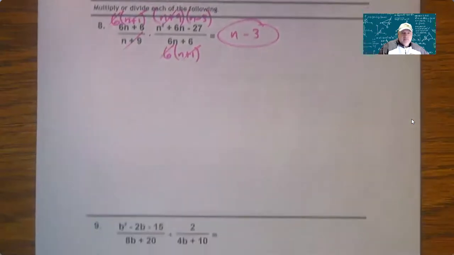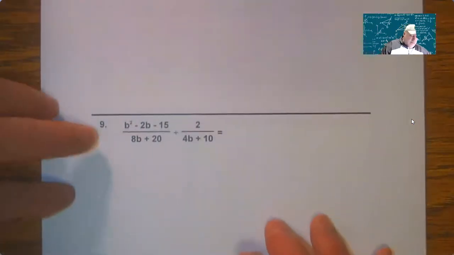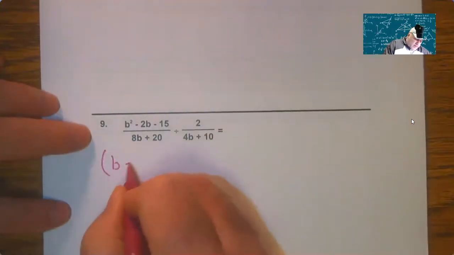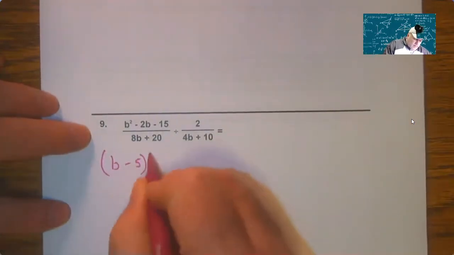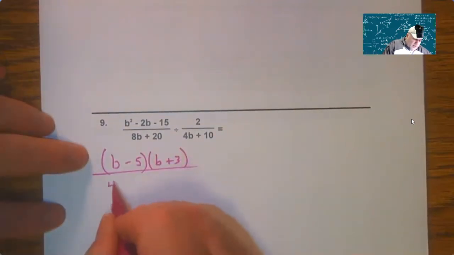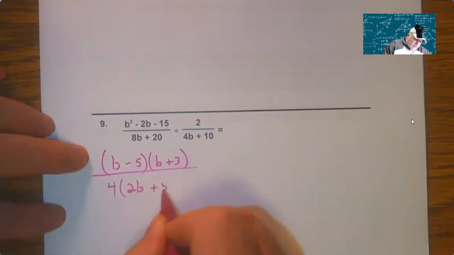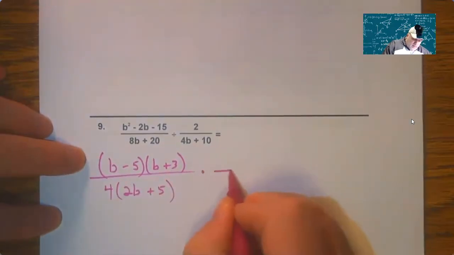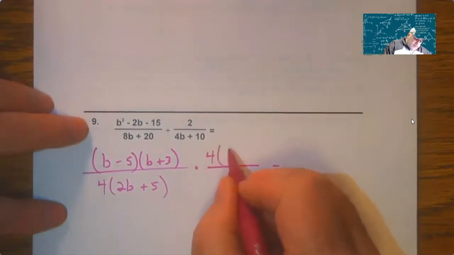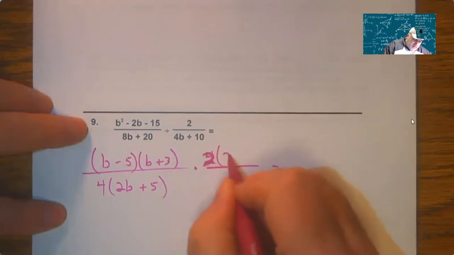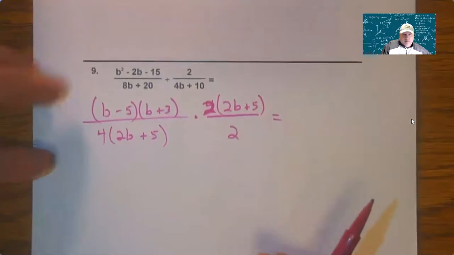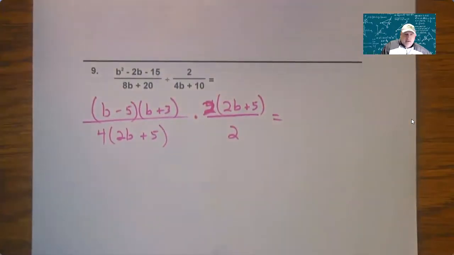It should boil down to something that's pretty simple. Now on this, you have to flip the second one. So we are going to factor here. And let's see if 4 will come out of this. And then you have to flip the second one and multiply. So I'm sorry, 2 will come out of this. And you get 2b plus 5. So you got to flip that second one and multiply. Factor everything down.